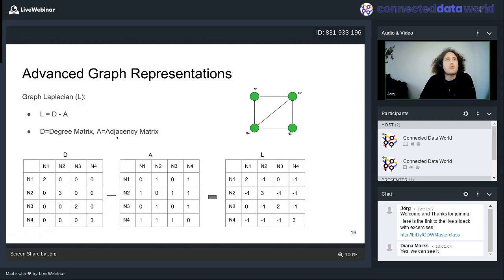If we subtract the adjacency matrix from it, we get the graph Laplacian. If we have time later, we'll see why that is a helpful property to have. In short, it represents the flow of energy inside such graphs. If you imagine you had electrical potential on each of the nodes, the graph Laplacian represents how that energy would flow throughout the graph.